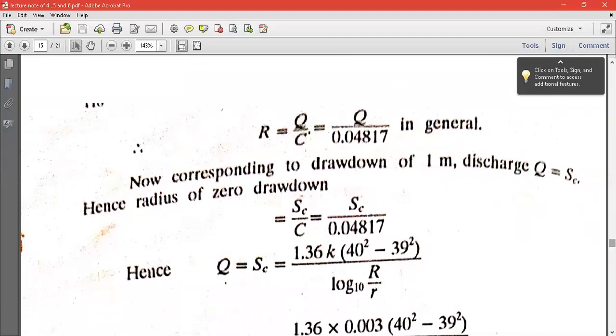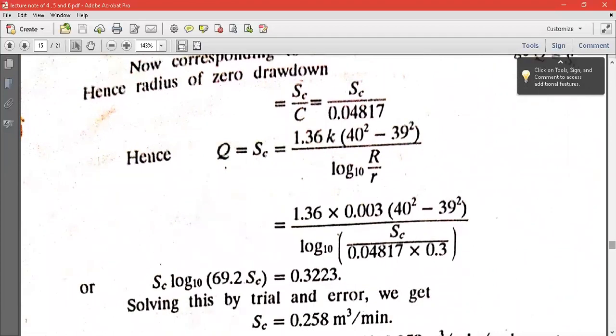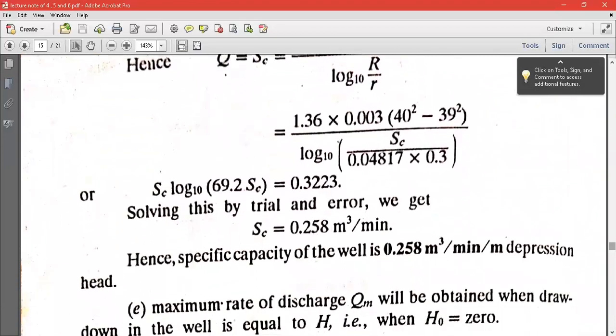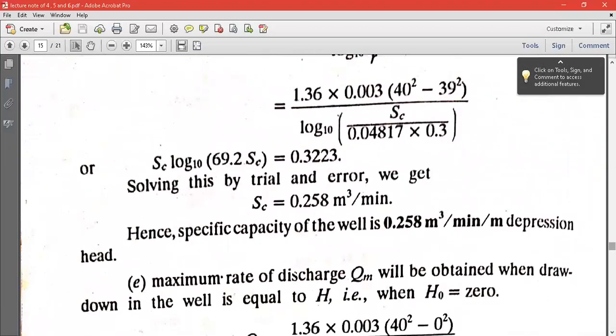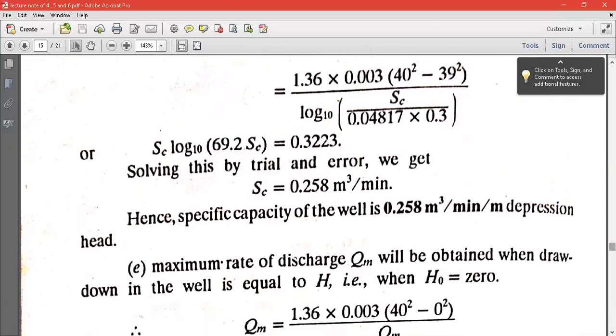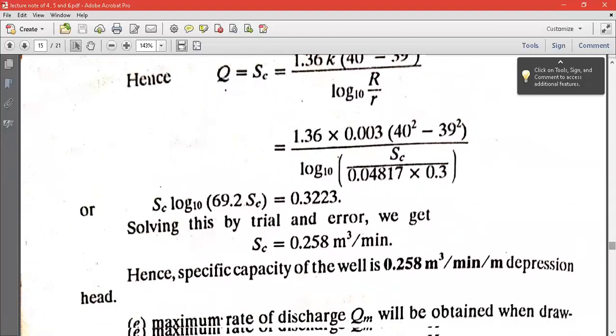Now applying Dupuit's theory, Q equal to SC equal to 1.36 K into (40 square minus 39 square) divided by log of R by r. We can calculate the value of SC, that is 0.258 meter cube per minute, and this is corresponding to drawdown of 1 meter. That's why 40 minus 1 is 39 was used in the formula. So this is the specific capacity yield corresponding to 1 unit drawdown.